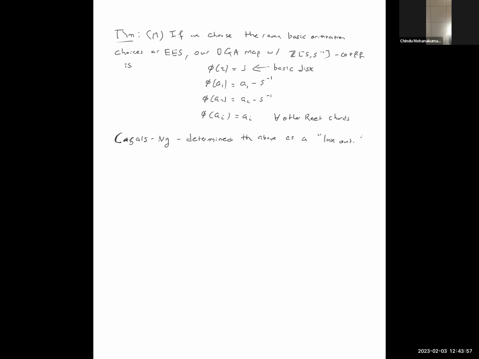So they were able to basically get that the DGA map induced by the saddle cobordism was the above formula up to what is called a link automorphism. So they weren't able to get it precisely, but that is because they use combinatorial methods, which is starting from the chain map and going backwards. We instead use the analytic methods of EES, which gives us then a precise formula.